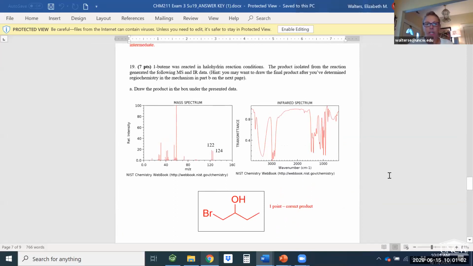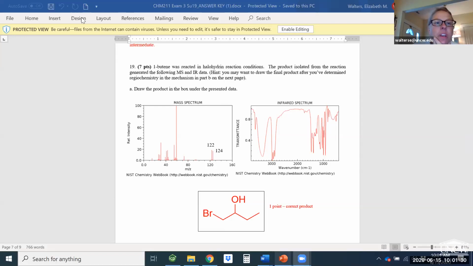Okay, so let's see, 1-butene was reacted to form a halohydrin. Let me make sure that I'm doing this right.